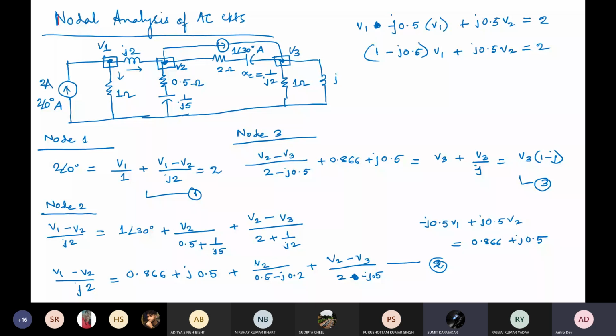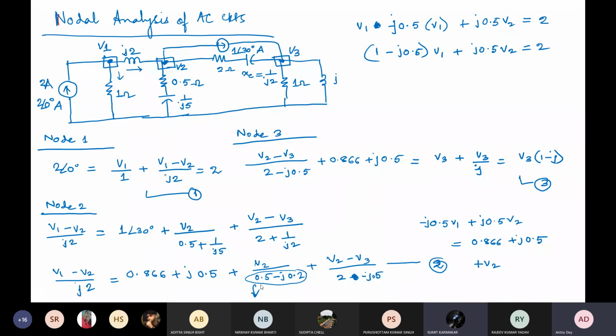Here also you can find it with the complex conjugate. Another way is to write it in terms of polar, so here you can change rectangular to polar, and then your calculation will be easier.